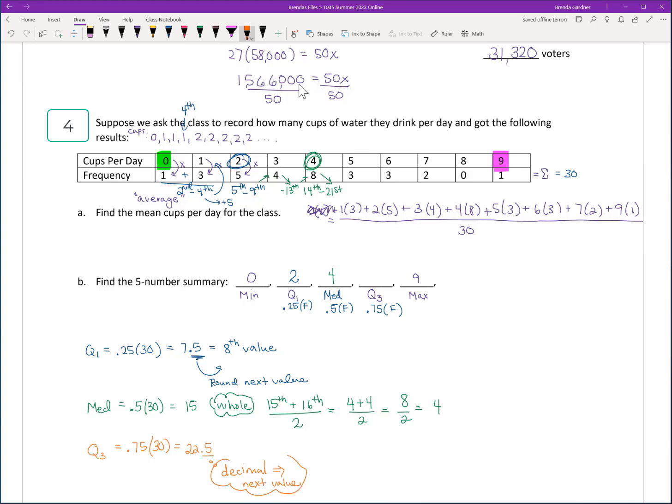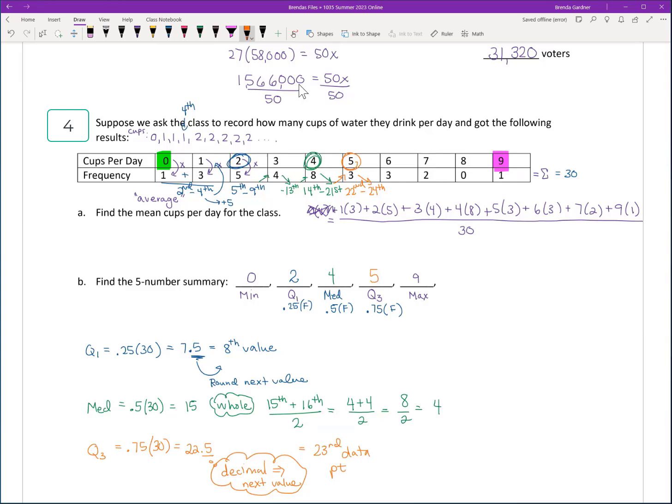So I'm going to look for the 23rd data point. Looking at it, I'm already at the 21st, add 3 more. That's going to take me everything up until the 24th. So the 22nd through the 24th values are 5s. So the 23rd value is going to be a 5.